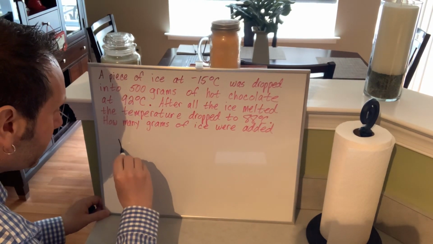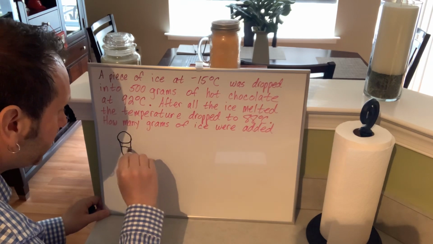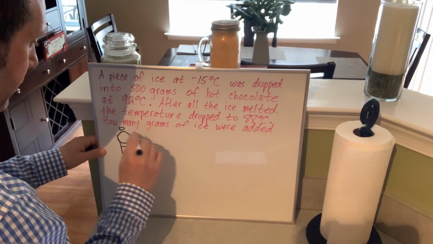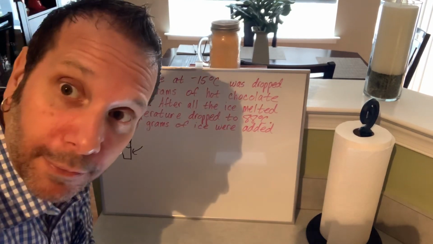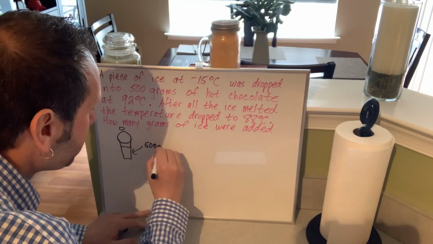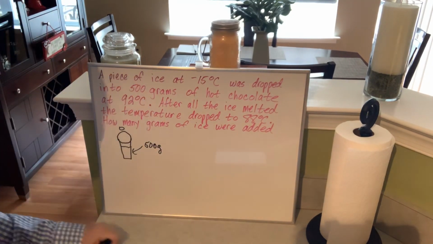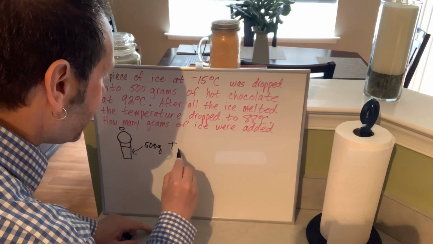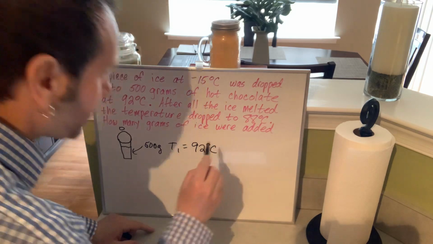So here's my cup of hot chocolate, let's say, drawn very badly. And there's a piece of ice that's going to get dropped in there. Right now, this hot chocolate, here's what we know about it. We know there's 500 grams of it, which would be about the same amount as what's in the water bottles that you all carry around. And we know that it is at a T1 of 92 degrees Celsius.